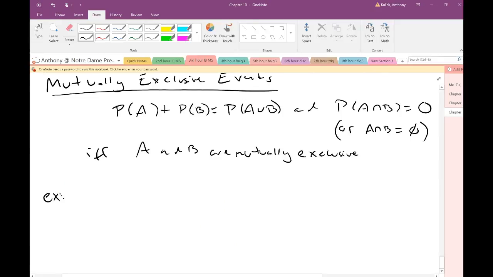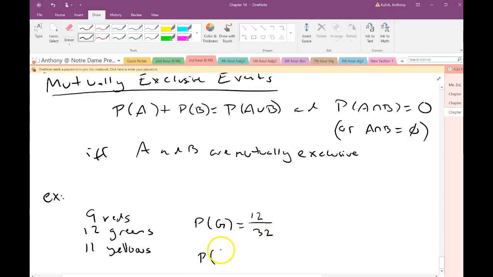Let's do an example to illustrate this. Let's say we have a bag of marbles. We have 9 reds, 12 greens, and 11 yellows. I want to say the probability of drawing a green. What would that be? 12 out of 32, right?